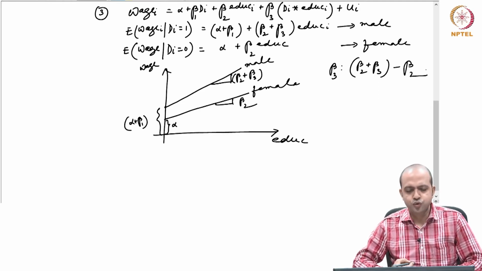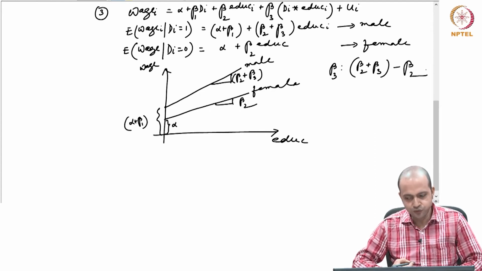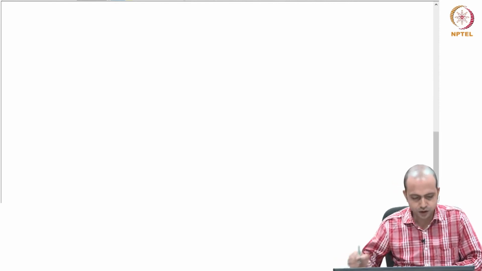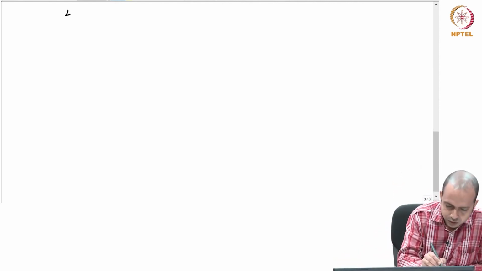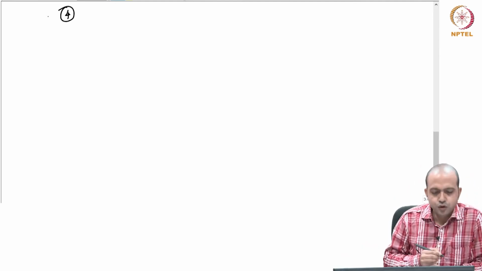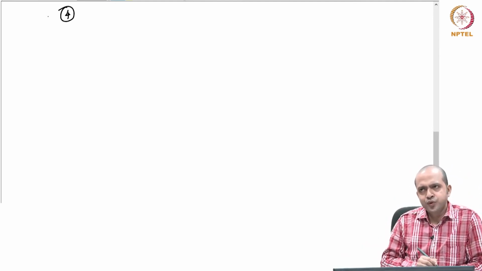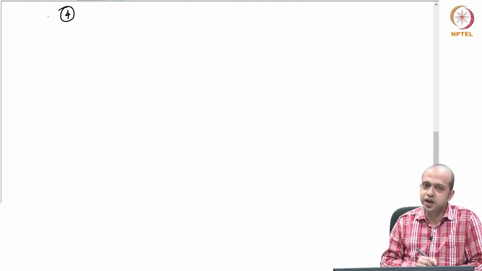Now, what we will do? We will discuss the fourth case. In the fourth case, what we will do is introduce one more qualitative variable apart from gender, let us say that is caste.